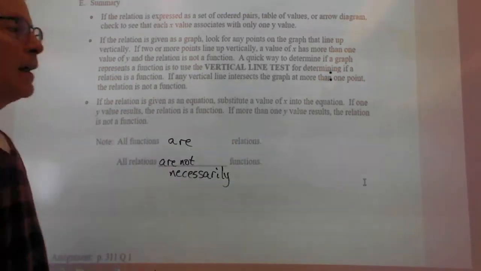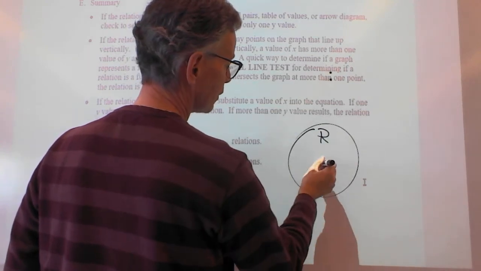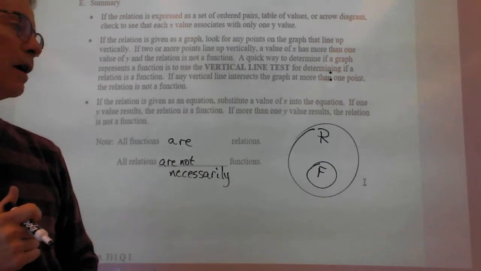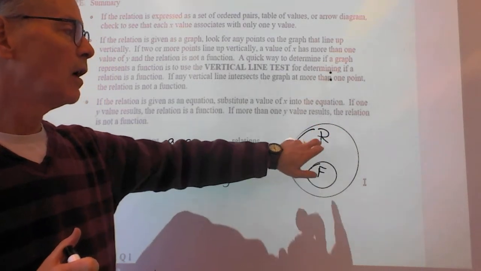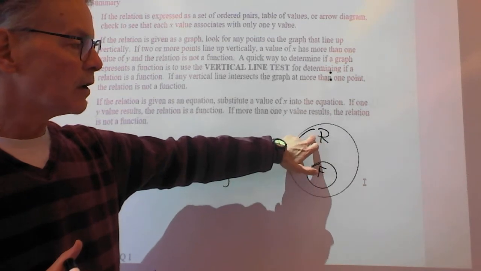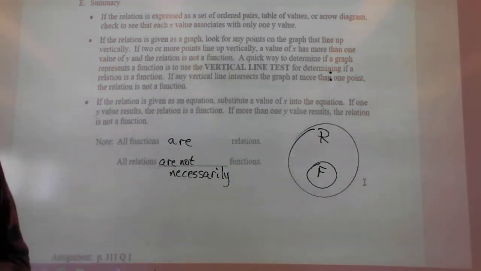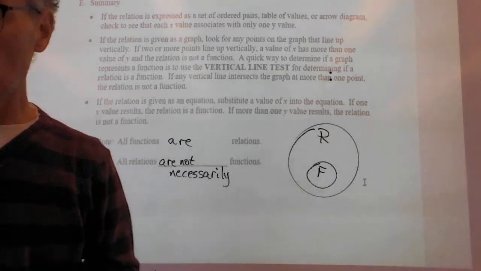And that's what I was getting at when I said, you've got this big circle which has relations, and within it you've got this little circle which is functions. Okay? So all functions belong to the bigger set of relations. Not all relations can fit into this little circle, the functions. Okay? Questions? Of course not.